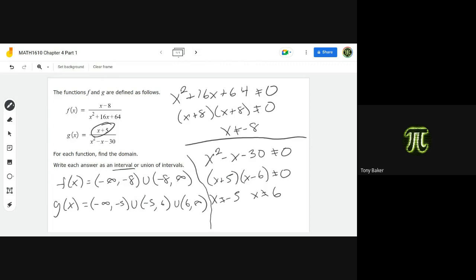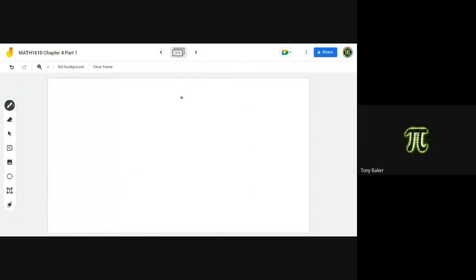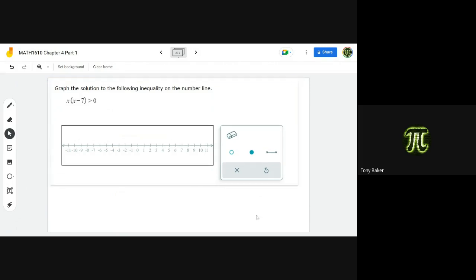All right, let's look at the next one. So the next two topics are similar to domain and range. It's looking at the values, the actual answer, and using a number line to graph it. So this is looking at quadratic inequalities.